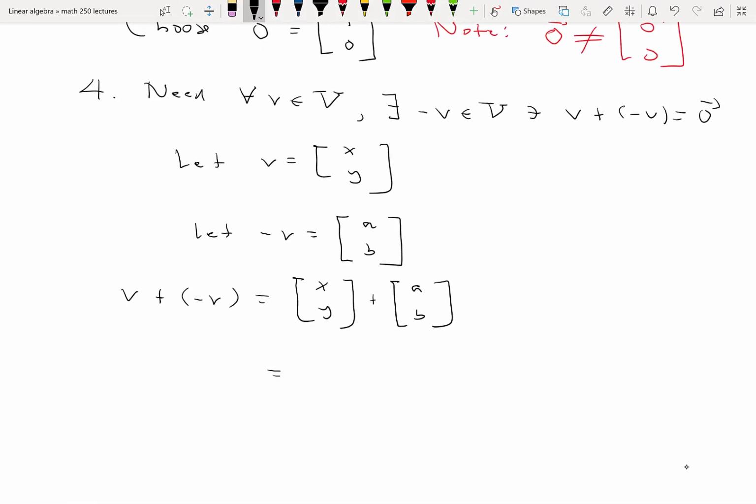I'm looking for what a and b should be as related to x and y. So this is the column vector x plus a plus 1, and then y plus b. Okay, and I need this to equal the 0 vector.